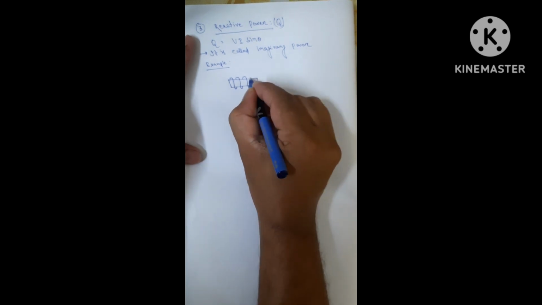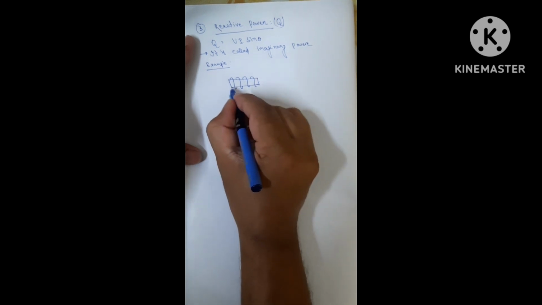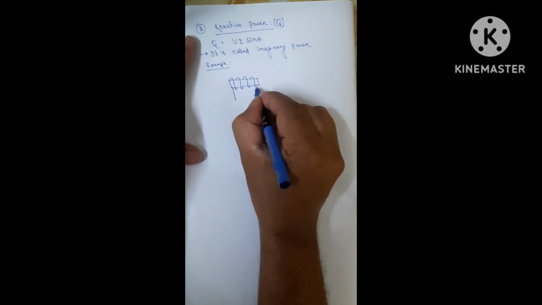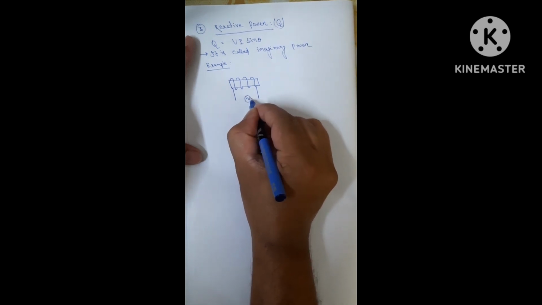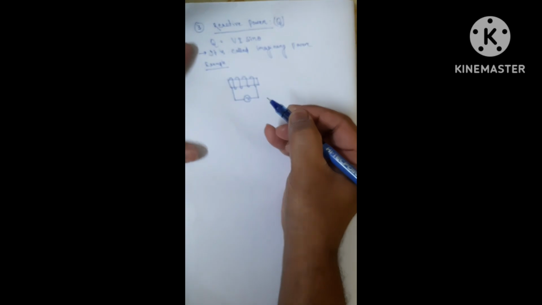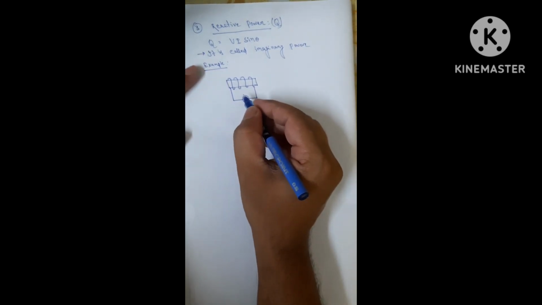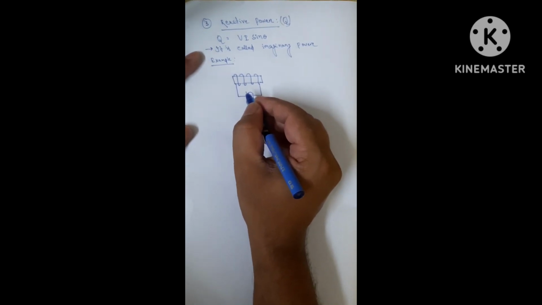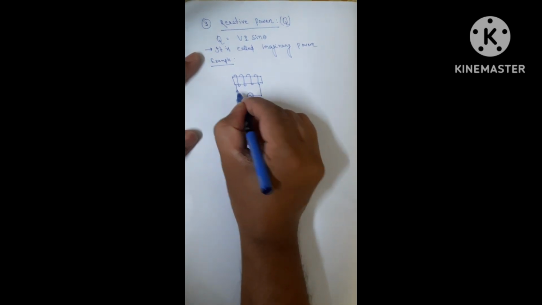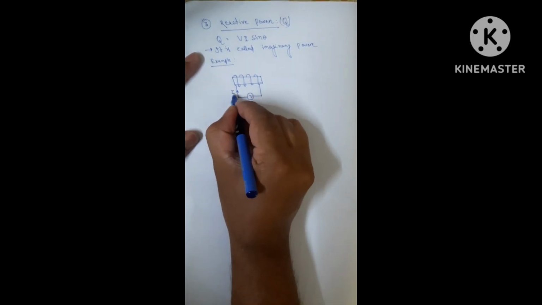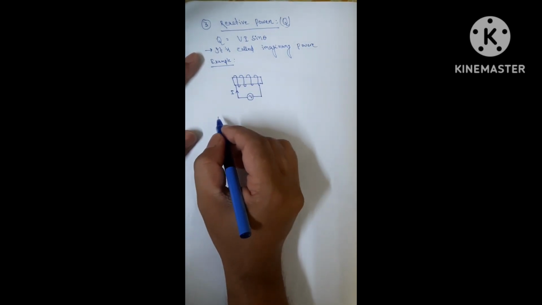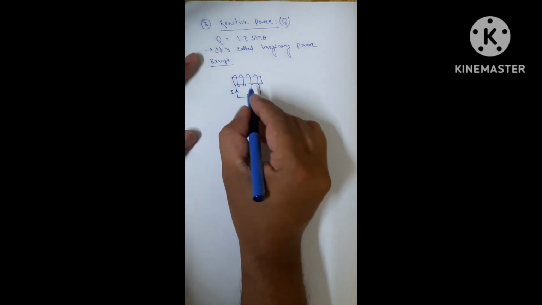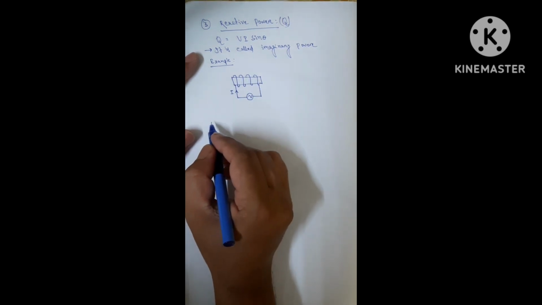The first end we will take, another end we also take, and supply an AC source. When you supply an AC source, a current will flow in this circuit. Let it be current I. Now when the supply is connected, the current will flow only in this coil.